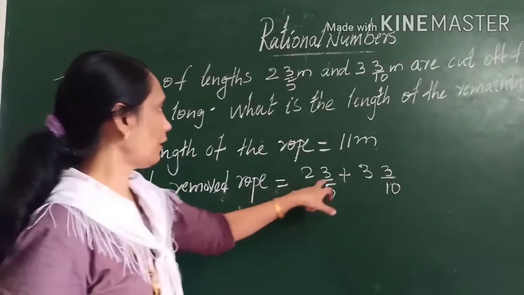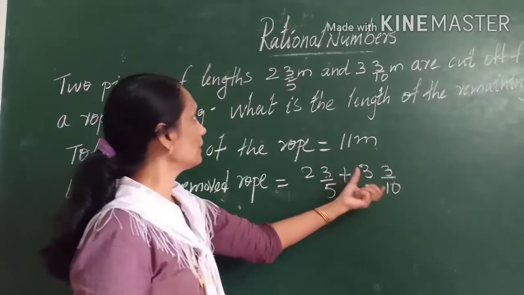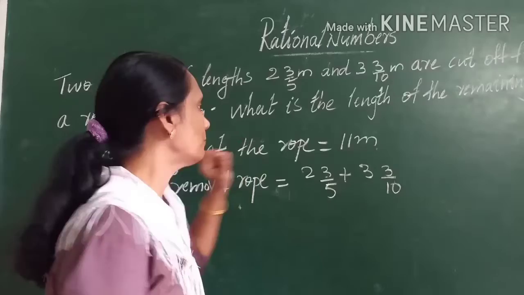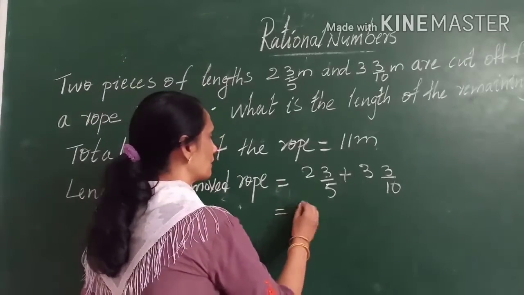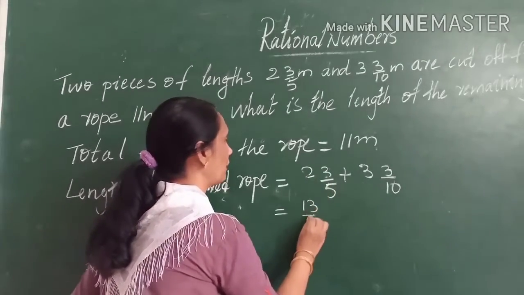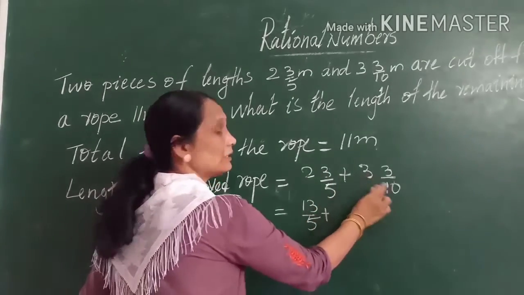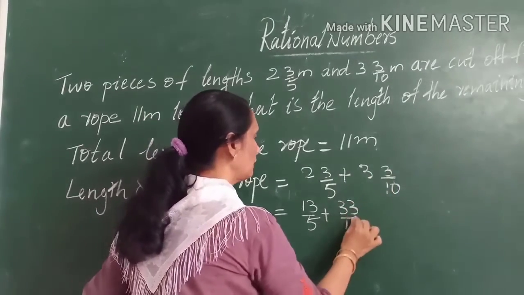Since it is given in mixed fractions, we will change it into improper fractions for calculation. 5 2s are 10, 10 plus 3, 13 by 5, plus 3 10s are 30, 30 plus 3, 33 by 10.